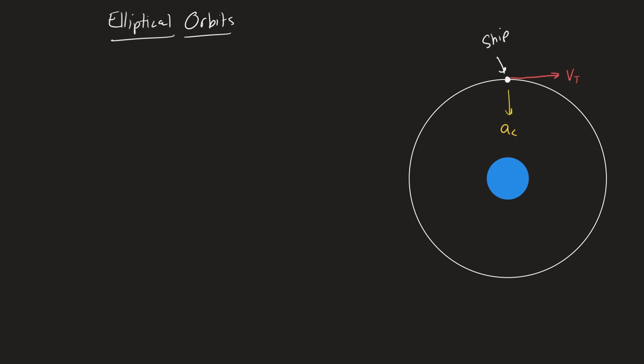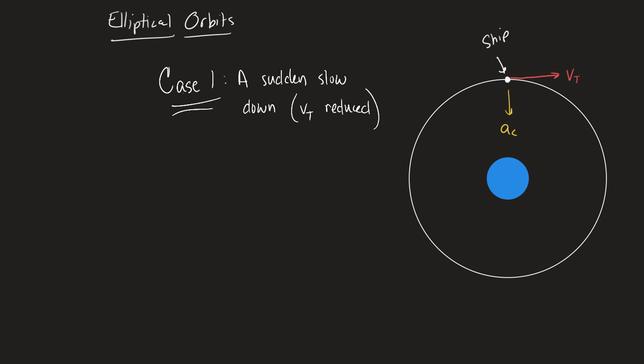The first example, and we're going to call this case 1, a sudden slowdown. So we suddenly slow down the velocity of the ship.